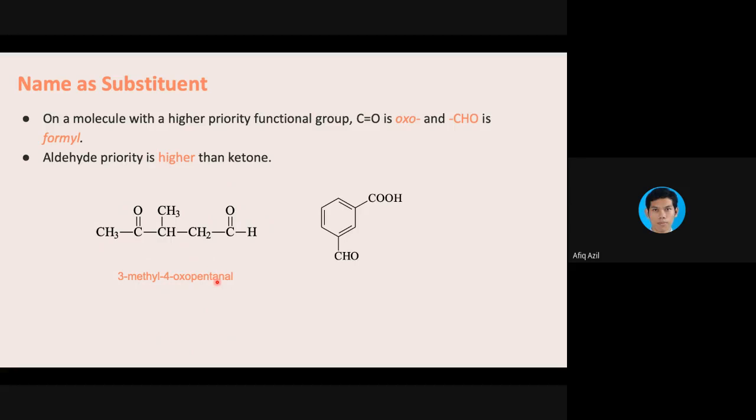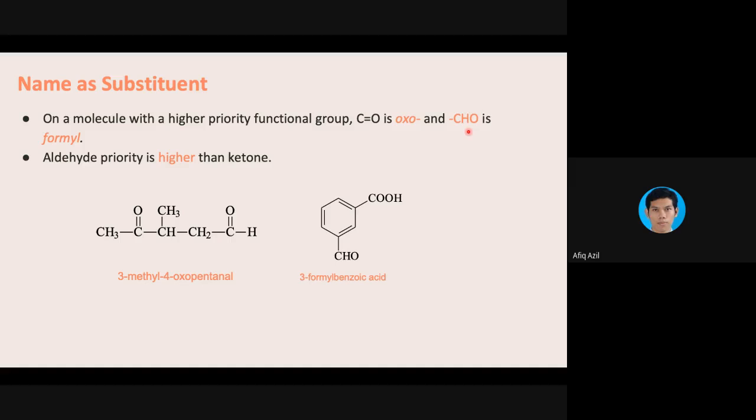This one, if it's an aromatic structure, you have benzene ring, you also have C double bond OOH, so this one is a carboxylic acid, which is a benzoic acid, and then you have C double bond OH, which is an aldehyde. So that's why the name becomes 3-formyl.